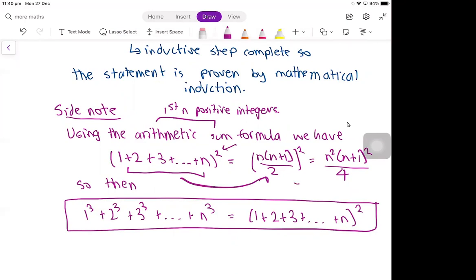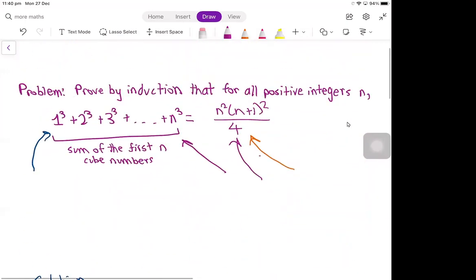So this is the formula for the sum of the first n positive integers, and then you're squaring it, and you have n squared times (n plus 1) squared divided by 4. And this is equal to the right-hand side of this equation over here.